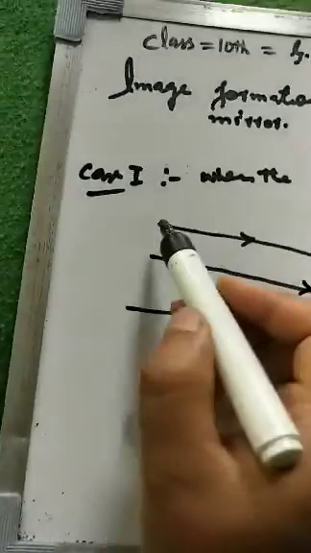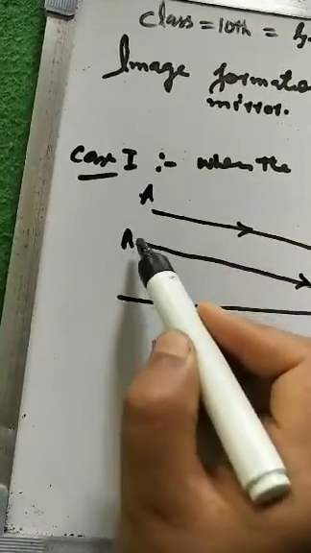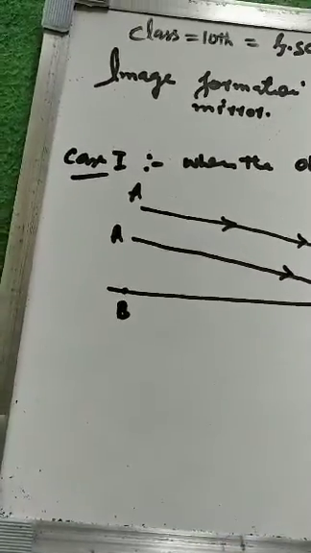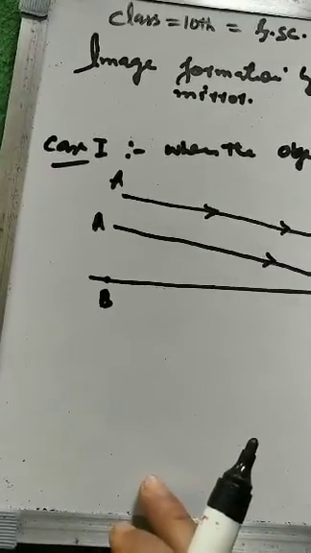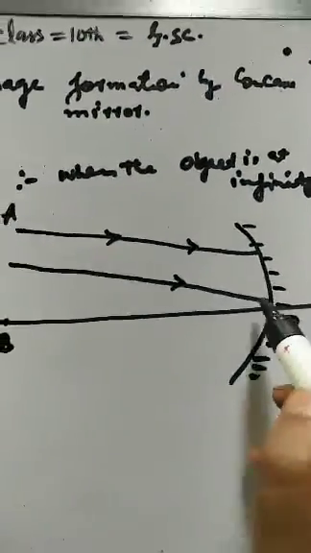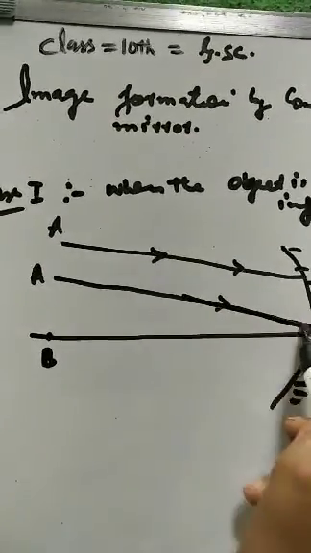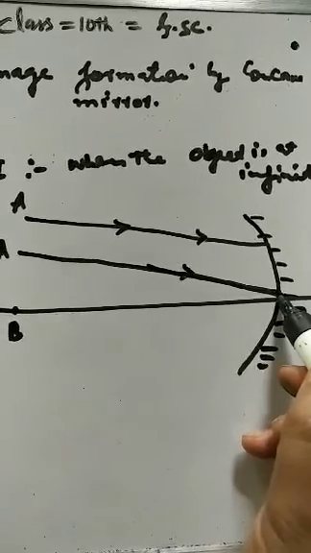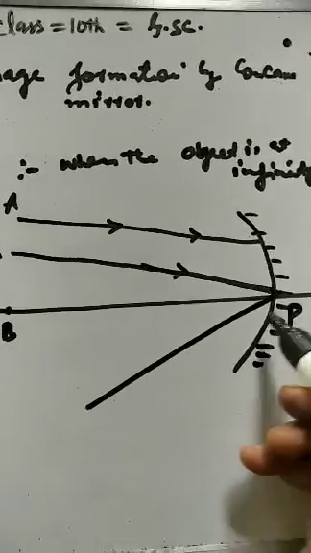These rays start from the top of the object. This is A, the top of the object, and this is B, the bottom of the object. Since the object is not shown, the rays are parallel to each other, coming from infinity. This ray strikes the mirror at the pole and is reflected in accordance with the laws of reflection like this.